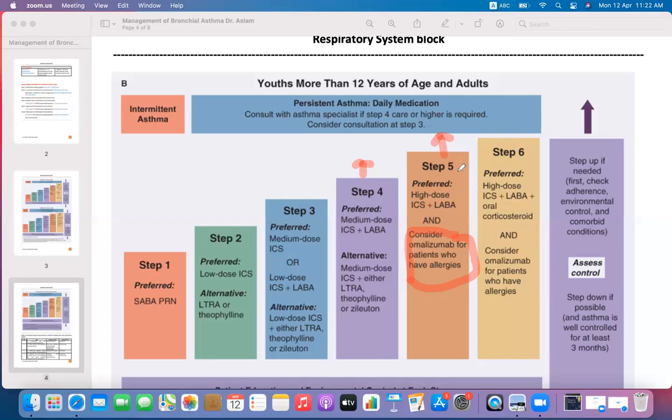If the patient did not get benefit on step 5, he can jump to step 6: high dose inhalational corticosteroids plus long acting beta agonist plus oral corticosteroid. So in step 6, there is inhalational plus oral corticosteroids, and it is important to add or consider omalizumab for the patients who have allergies or allergic asthma.